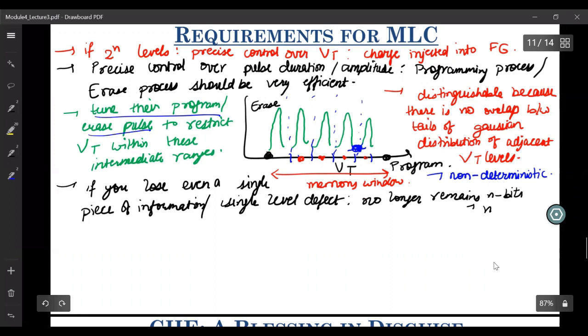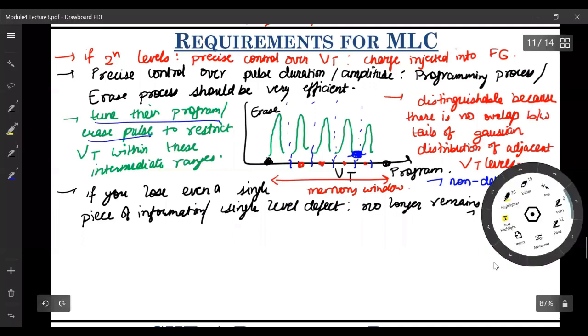It becomes n-1 bit. So you can only show n-1 bits. So there is a loss of 1 bit the moment even a single piece of information goes wrong. So that is one of the major defects, I would say, in this MLC.